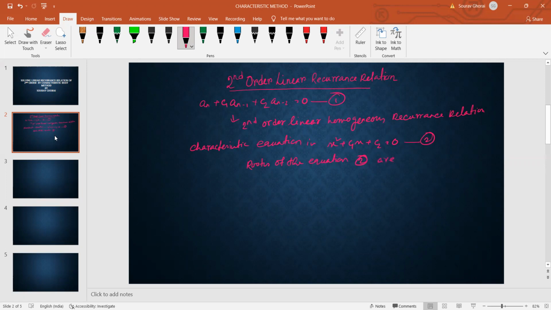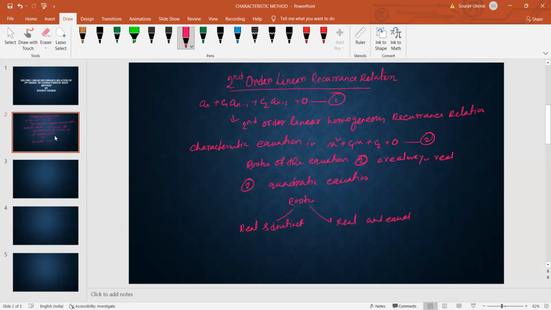Equation 2 is a quadratic equation, and since it is a quadratic equation, its roots are of two types. Number one is real and distinct, and another one is real and equal.